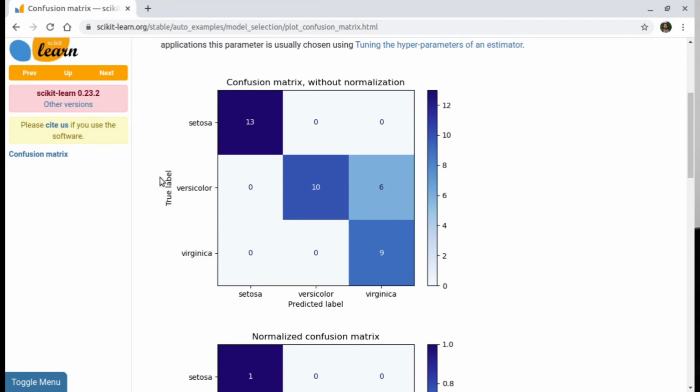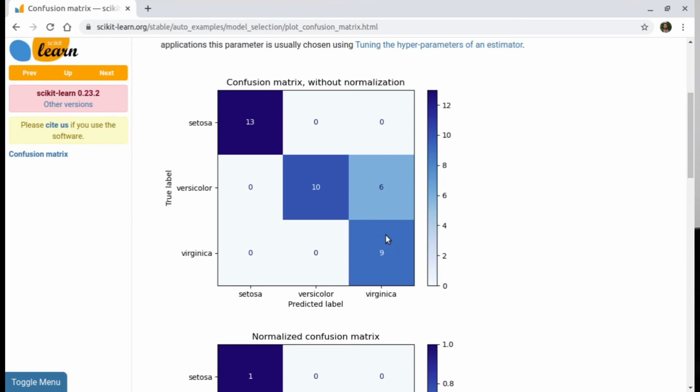You have the true labels or the actuals on the vertical, the predicted labels on the horizontal, and like we were discussing, you have raw numbers for each square. Here you have actual setosas being predicted as setosas. They amount to 13. You have 10 versicolor versus versicolor, you have 9 virginica versus virginica.